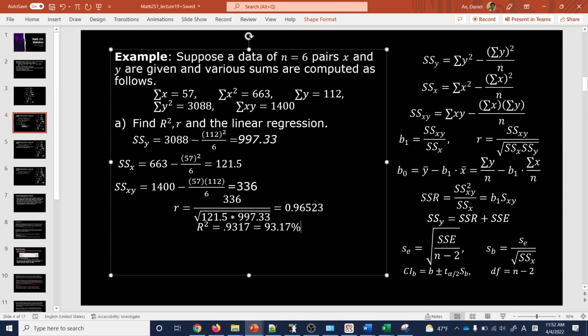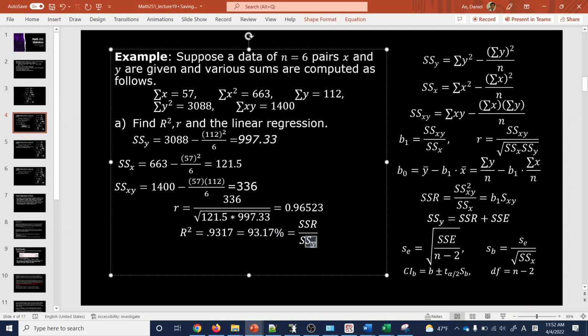So if you forgot what we did in the last lecture, the definition of r squared was the sum of squares of the regression, not the residual, sorry, divided by the sum of squares of y.